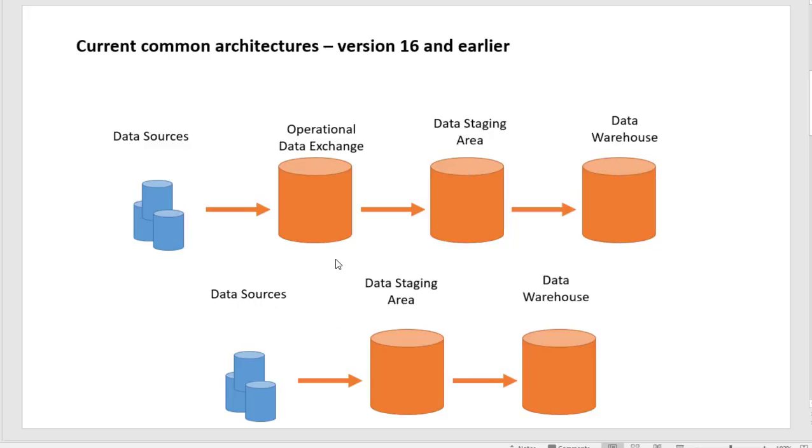Or we could have the more classical setup where we just have a data staging area and a data warehouse, but where each of them are contained in their own database.